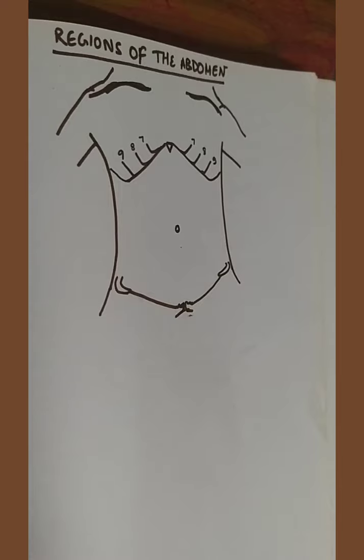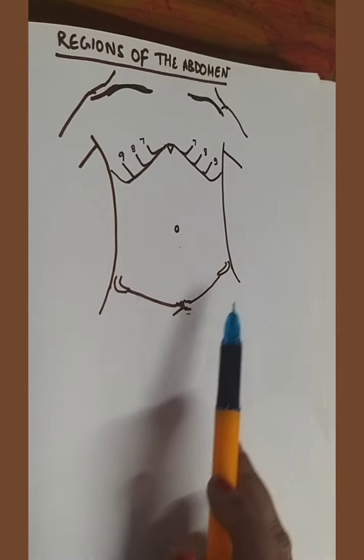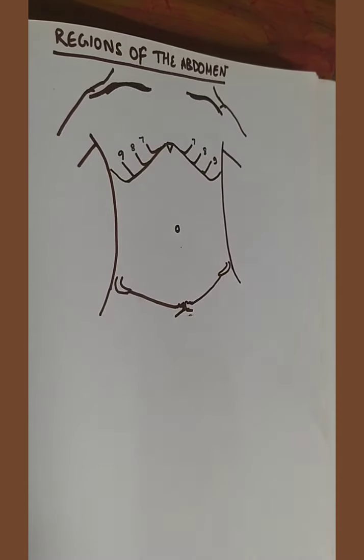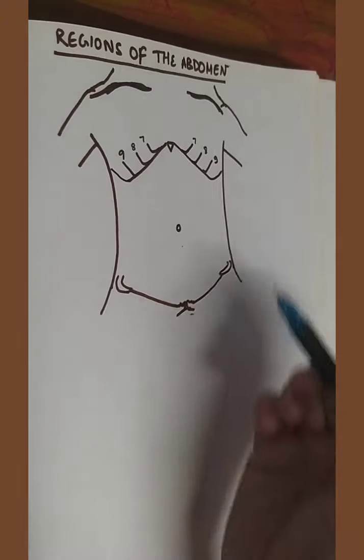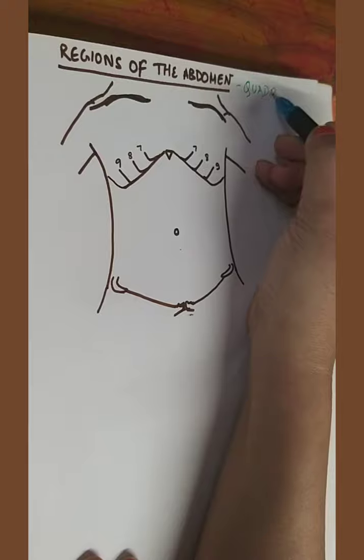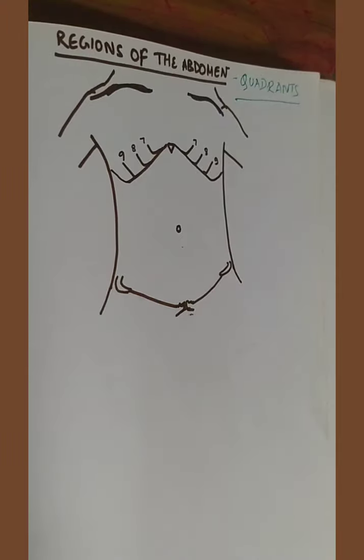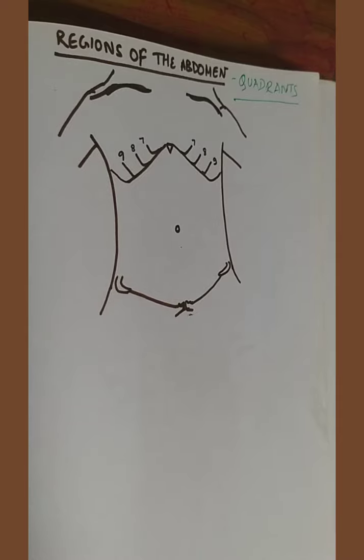For ready topographic references of the underlying structures, the abdomen is divided into 9 regions or quadrants by 2 horizontal and 2 vertical imaginary planes.